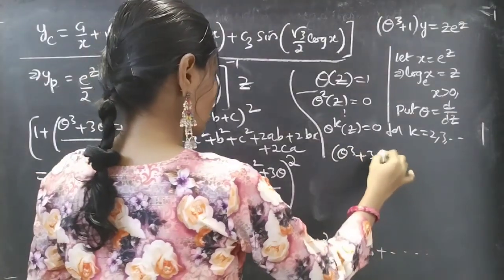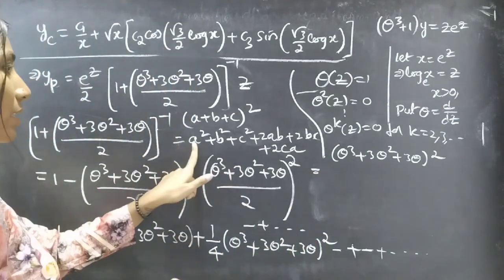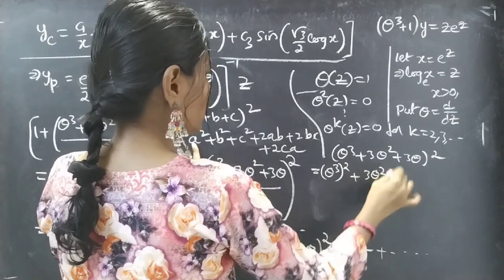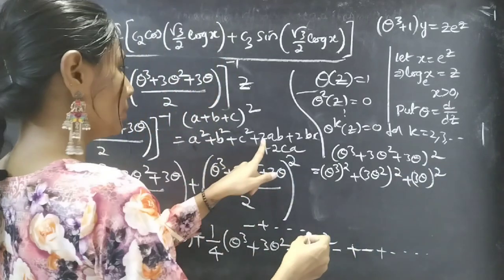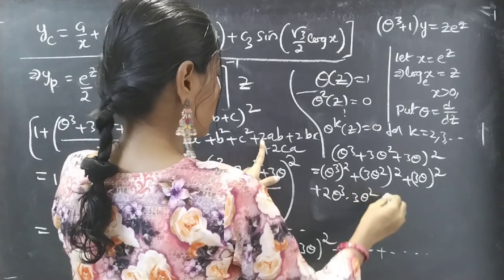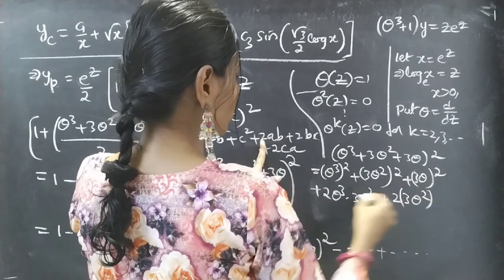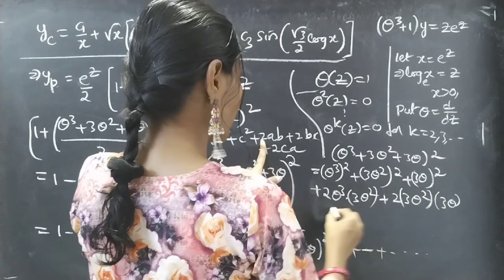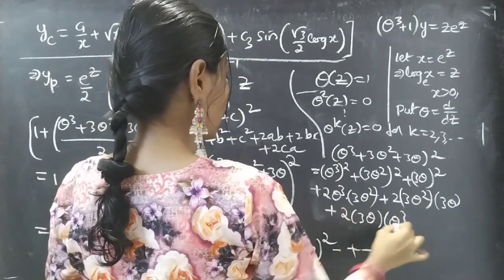Theta cube plus 3 theta square plus 3 theta whole square equals a square, that is theta cube whole square, plus b square, 3 theta square whole square, plus 3 theta whole square, plus 2ab, 2 into theta cube into 3 theta square, plus 2bc, 2 into b into c, 3 theta, plus 2ca, 2 into c into a.